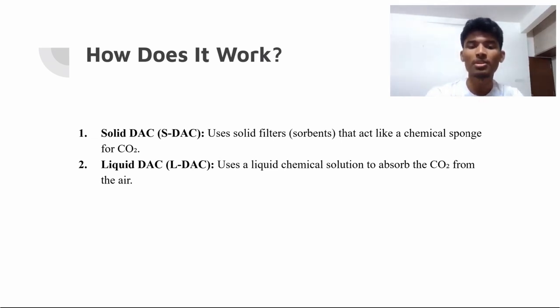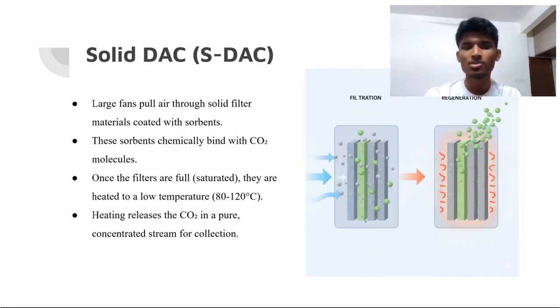So there are two primary methods for capturing CO2. The first is called solid DAC, which uses solid filters that act like chemical sponges. And the second is liquid DAC, which uses a chemical solution to wash the CO2 out of the air. So let's look at both of them. In solid DAC, huge fans pull air through filters, and these filters are coated with a special chemical called a sorbent.